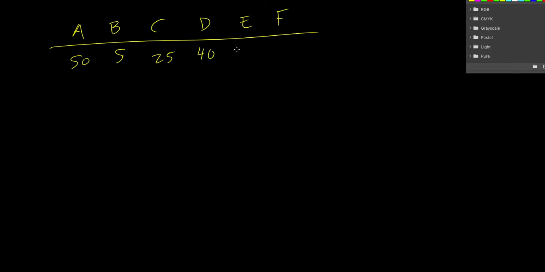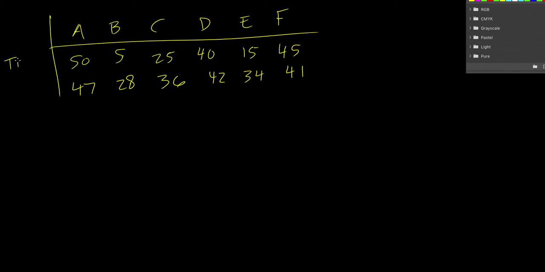Feel free to fast forward the video to get to the point where I'm done writing this. Okay, so this is time in minutes. And then this is temperature in degrees Celsius.